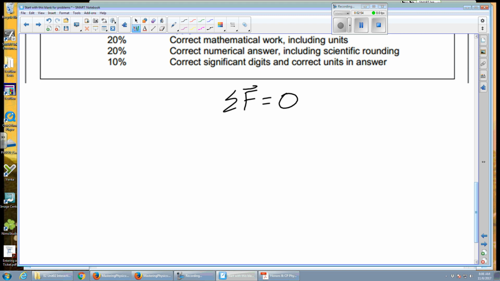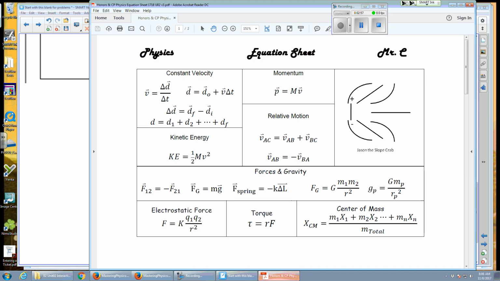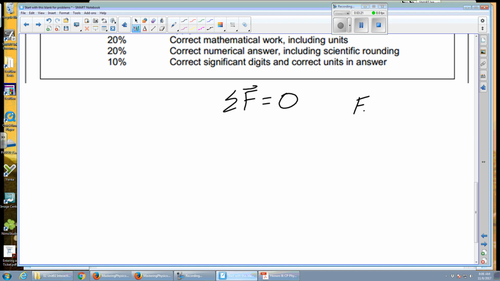I'm going to look at my equation sheet here and realize there's two forces I need to specify: the weight, or the force of gravity, and also the force due to electrostatic force, which is right down below it. So those two are right above and below each other. I'm going to write those down at the beginning so I don't forget them. F sub g equals m little g, and F, which I call electric, is K Q1 Q2 over R squared.